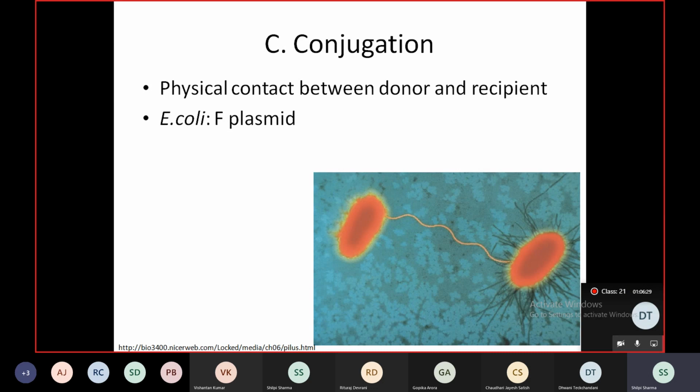And the F plasmid. A conjugative plasmid, for example like the F plasmid, in the donor confers the ability to self-transfer. So it transfers itself, but it can also mobilize other non-conjugative extrachromosomal genetic material present in the donor cell to the recipient cell.